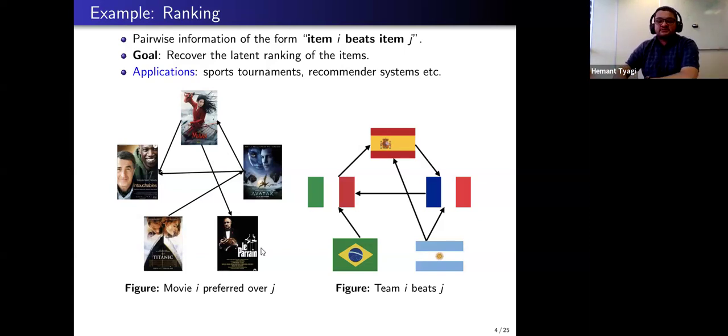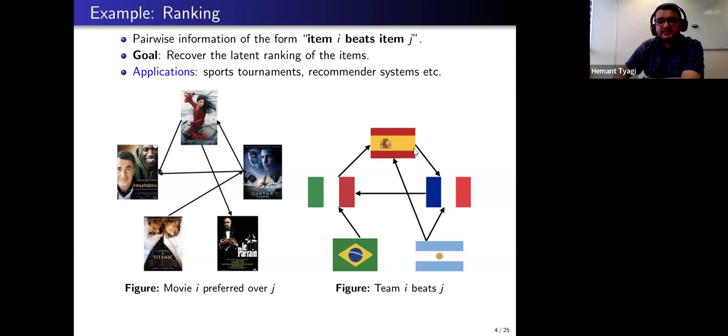And also in sports tournaments, for example, if you have the FIFA World Cup, you have some collection of teams playing, and then you have these outcomes. For example, if Argentina played Spain, maybe Spain beat Argentina, and so on and so forth. And then given these pairwise outcomes, you would like to maybe recover the latent ranking of the teams. Okay. And of course, as a sanity check, the problem in real data is that you have a lot of inconsistencies.